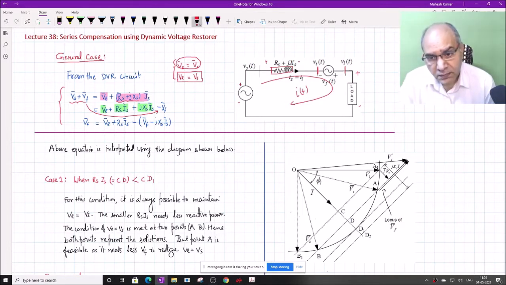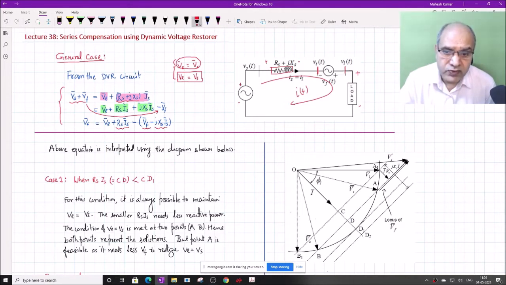Again, we will leave the in-phase component of Is because it involves active power, and the remaining quadrature component is coupled with VF. This emphasizes that VF has to be along the locus of the phasor of jXs Is, to ensure that no active power is drawn for its operation. Now this equation is graphically interpreted in the following section.